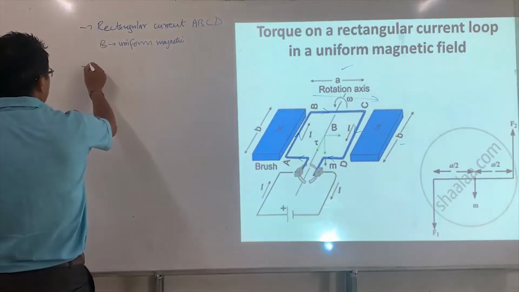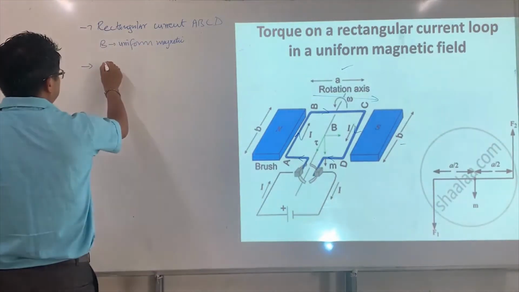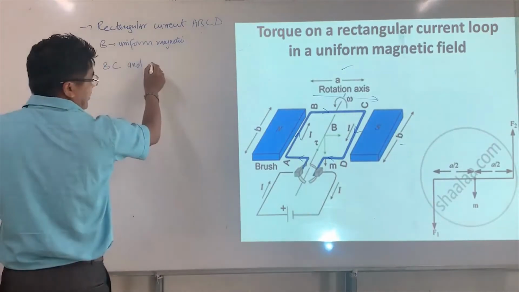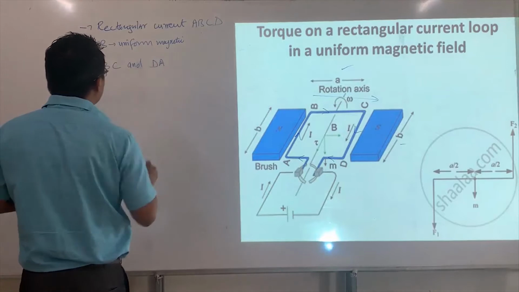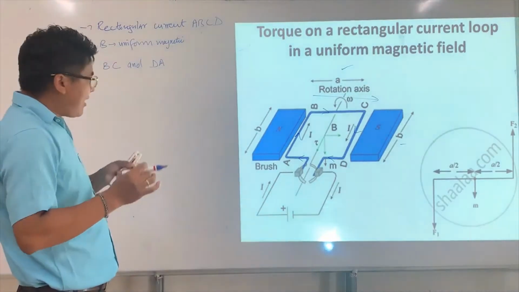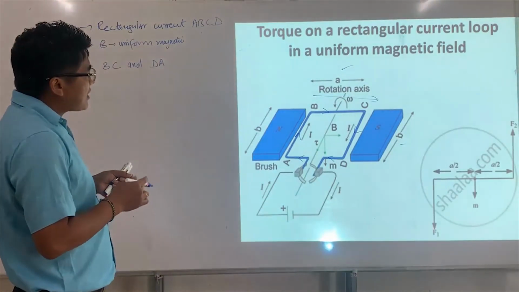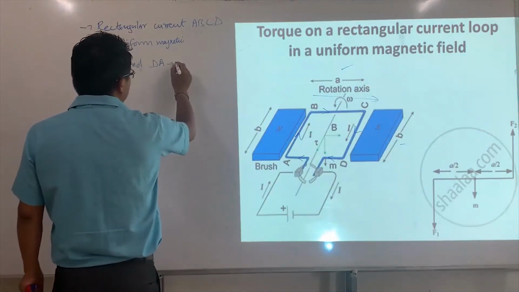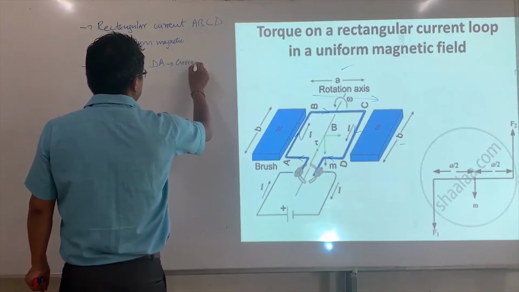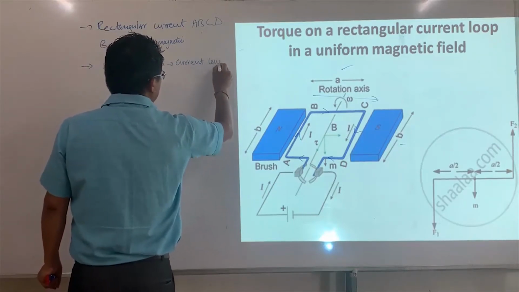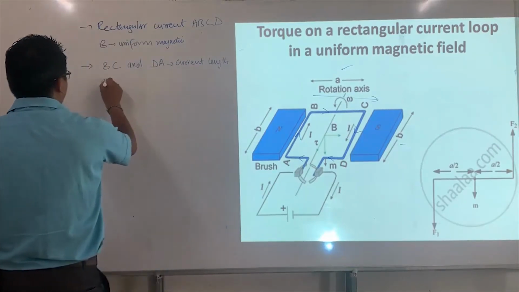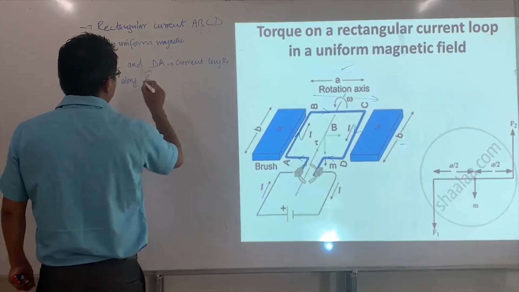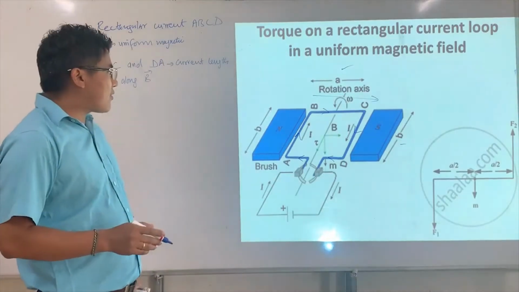Let's say first the lengths BC and DA, and these two current lengths are along the magnetic field.